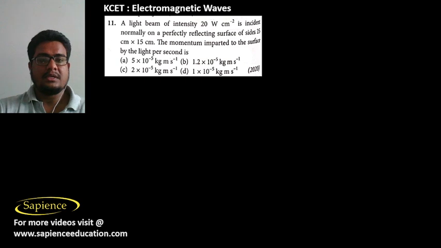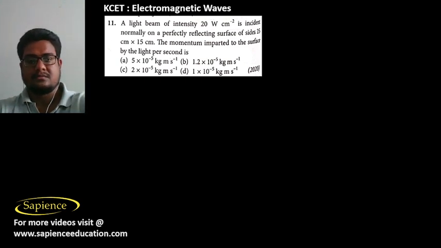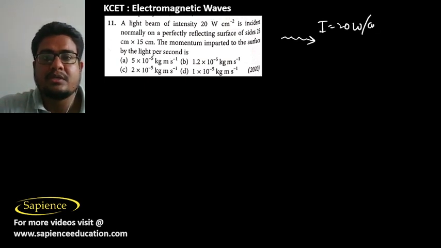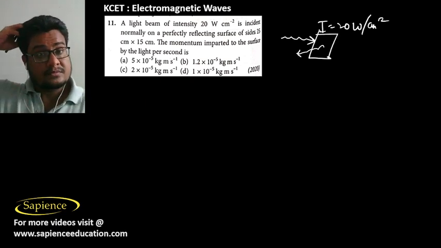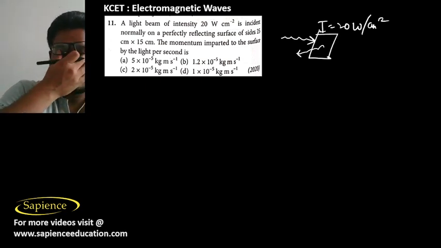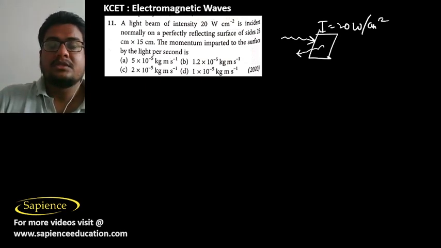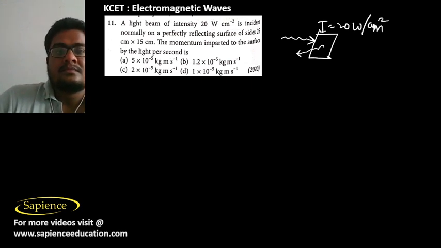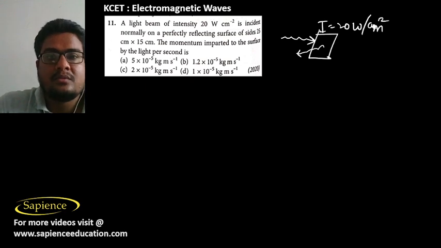Question number 11. A normal light beam of intensity 20 watt per centimeter square is incident normally on a perfectly reflecting surface.